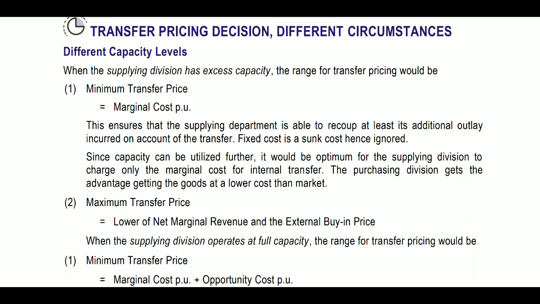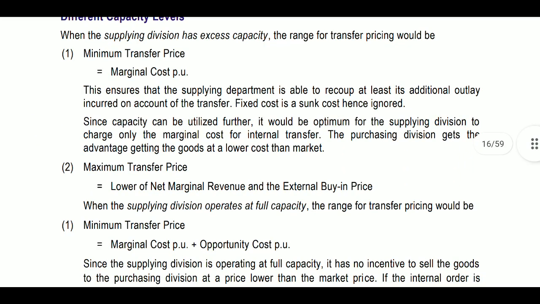Any fixed cost is treated as sunk cost, so it will be ignored. Capacity can be utilized further, and it is optimum for the supplying division to charge marginal cost for internal transfer.